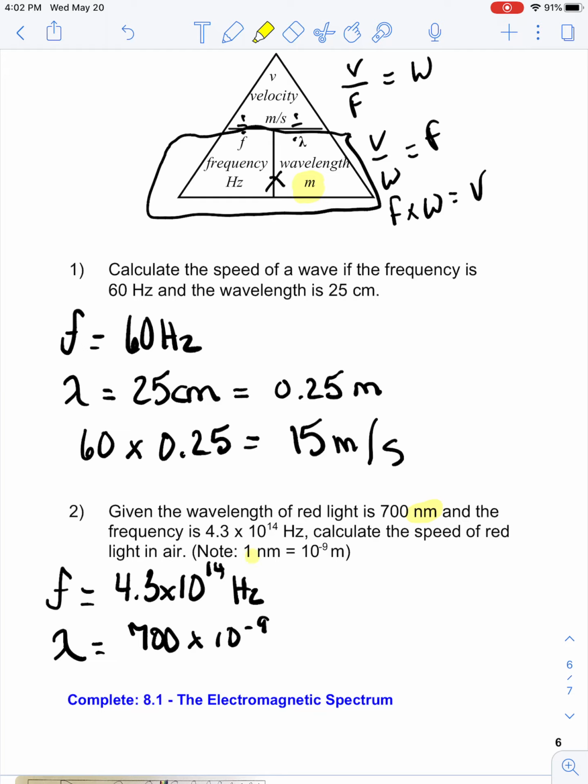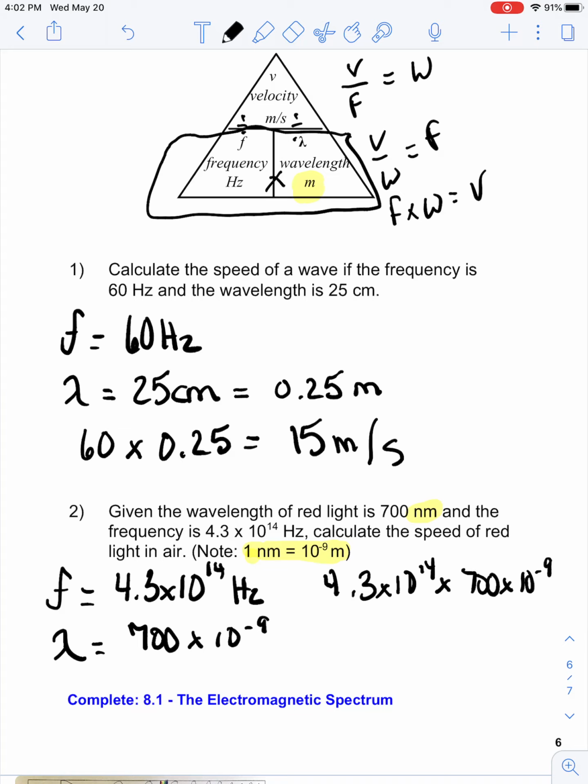So if 1 nanometer equals 10 to the negative 9 meters, then we're going to do 700 times 10 to the negative 9. Then we just multiply those together. It's 10 to the 14th times 700. Okay, and again, using brackets and your calculator, and hopefully you remember how to type that in using scientific notation from grade 9 math.